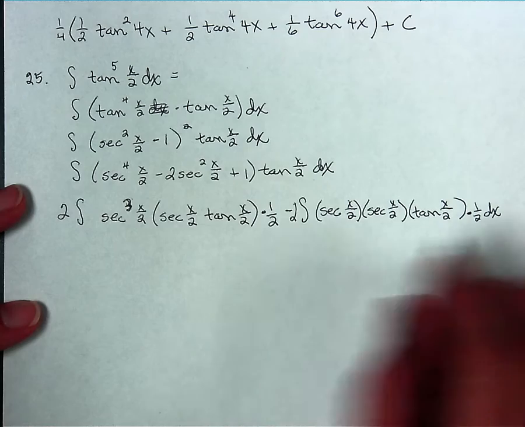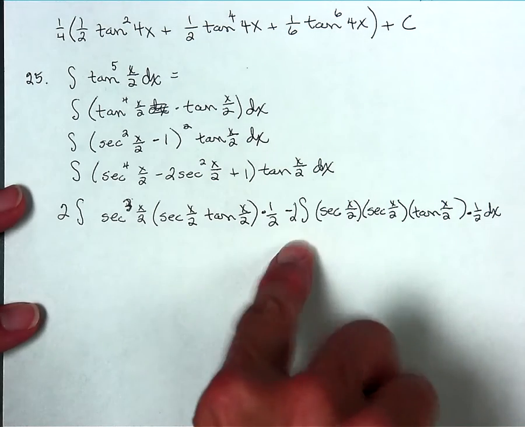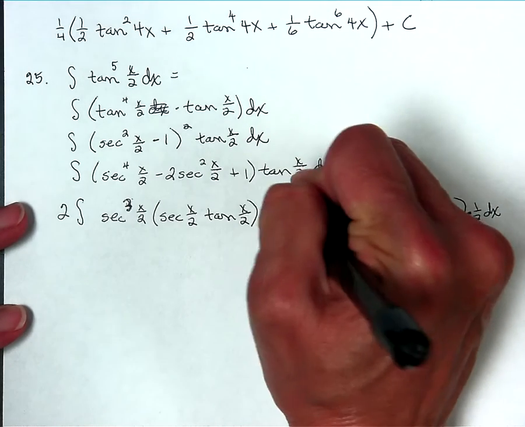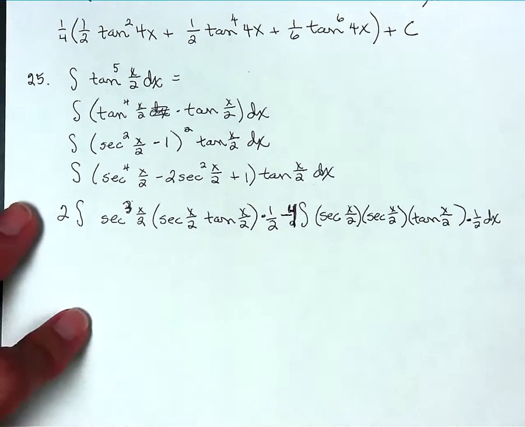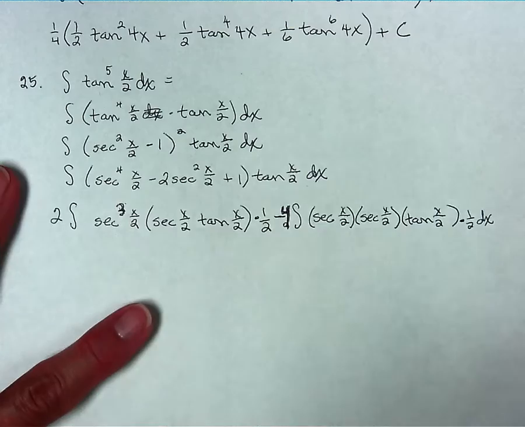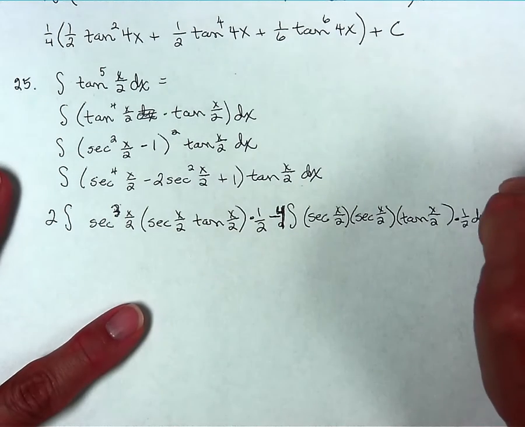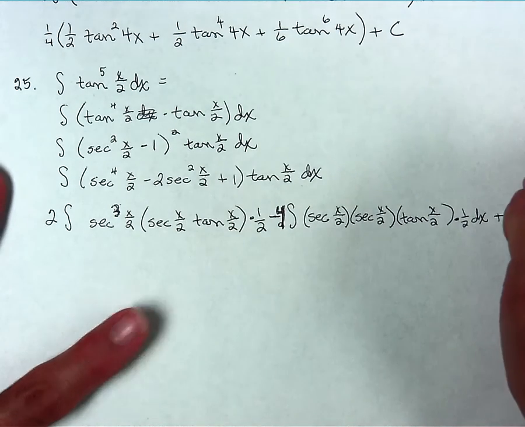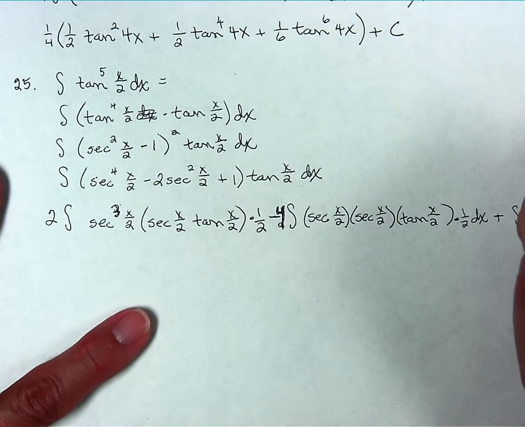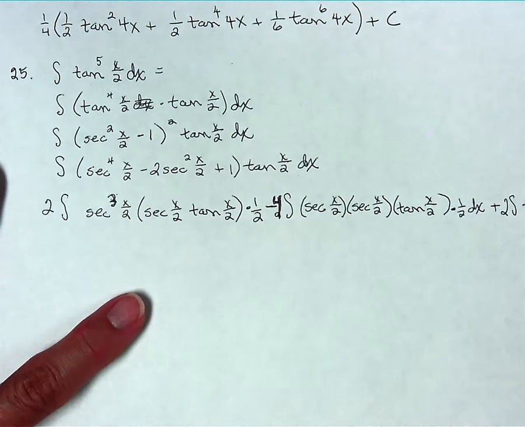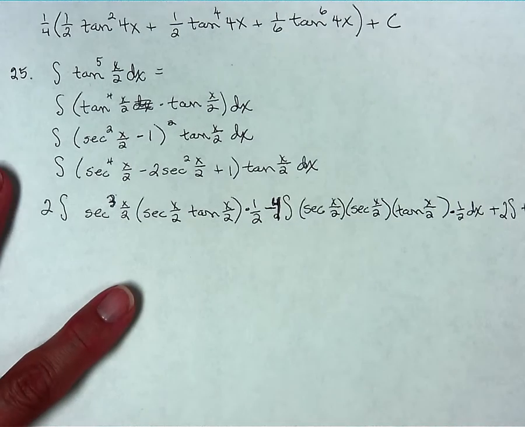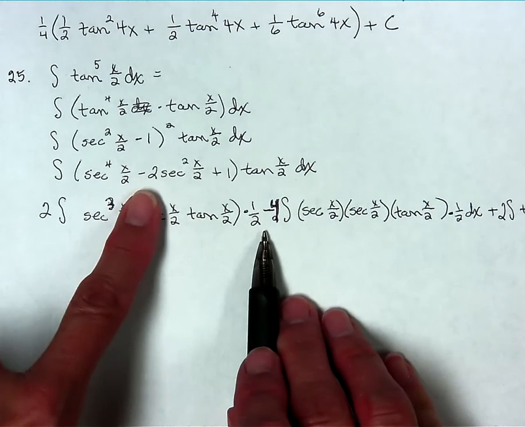And if I have a half there, I got to put another 2 out here. I'm just going to go ahead and call that 4. And then the last term is going to be plus the integral of tangent x over 2 times 1/2 dx times 2. That's the only one that has a minus.